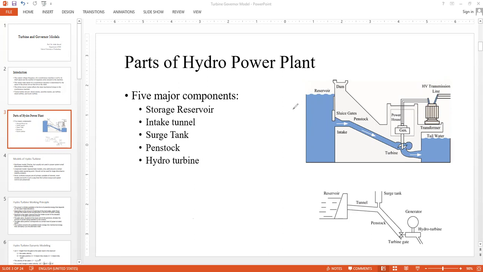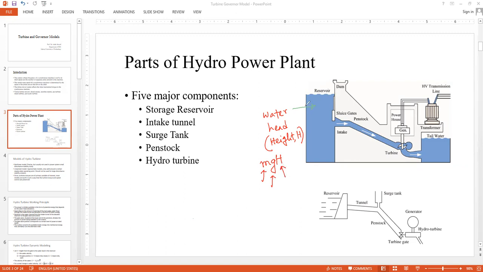The job is to basically give us some sort of head, water head, or in short, we call it height, H. So what is the need of this water head? Basically, it will give us some sort of potential energy, mgh, where m is the mass of the water, g is the gravitation, and h is the height.